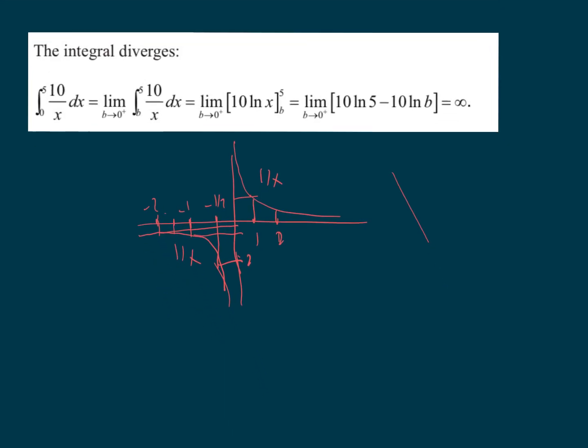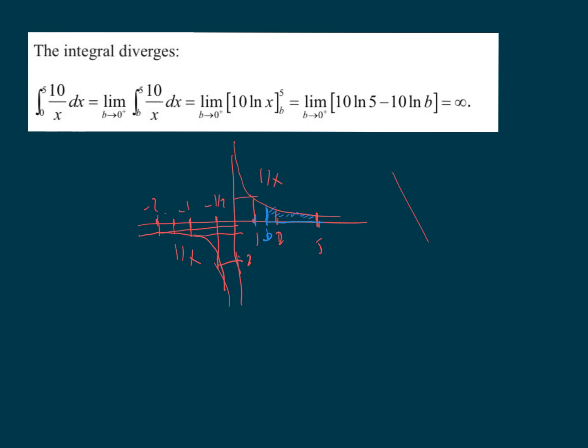So I would choose the 5 here. At the point 5 the function is defined. The problem is at the point 0. So I will do the integral from v, any point v, to 5. So I will find this area.